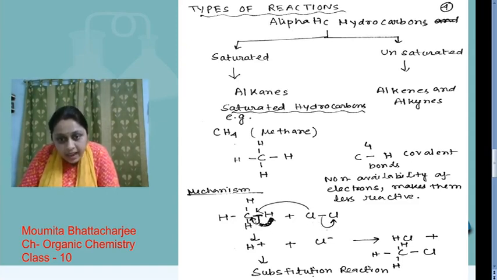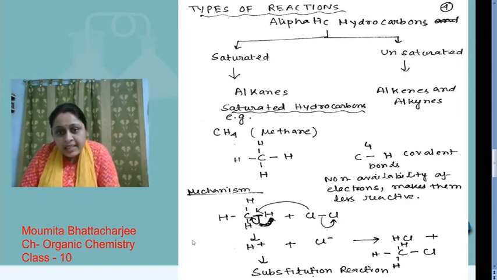And here carbon will take these bond electrons, making the hydrogen H plus, and this carbon will become minus. This carbon minus and this Cl plus will combine together to form CH3Cl, and this H plus and this Cl minus will combine together to form HCl.